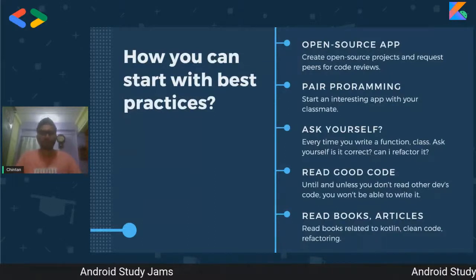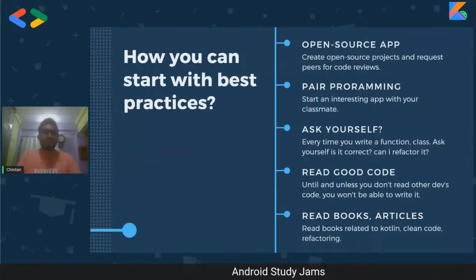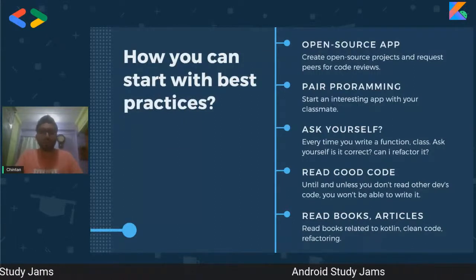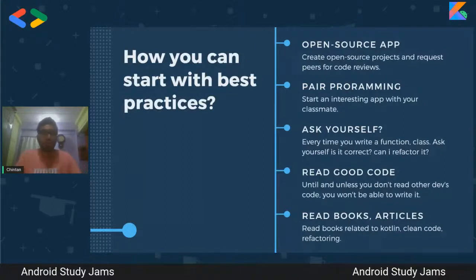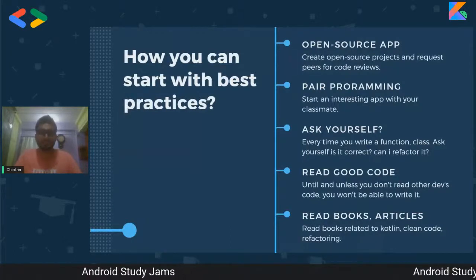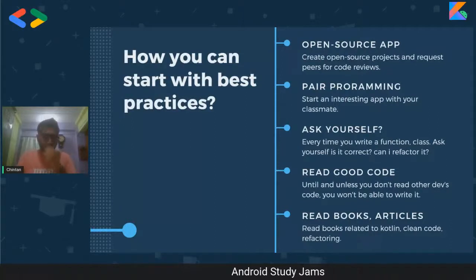Both of you think of a feature: okay, we want to show a list of GitHub users in my app, so how can we do it? Now both of you will brainstorm. One will say RecyclerView, one will say ListView, one will say this adapter, another that adapter, and then you will come to a point: okay, this is the best practice. Your pair programming will eventually also make you an effective team member.